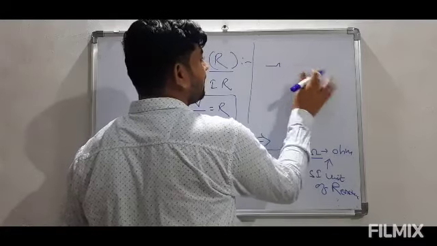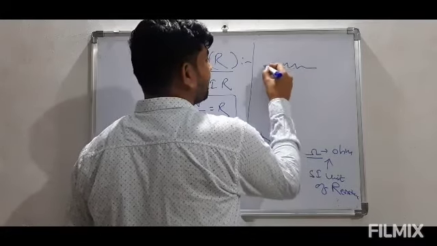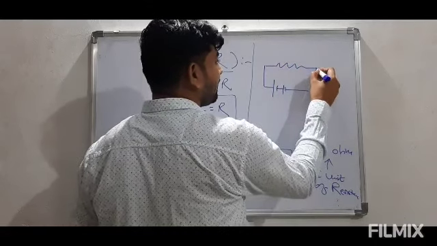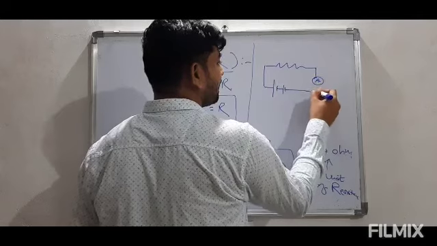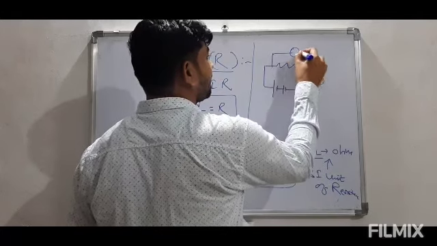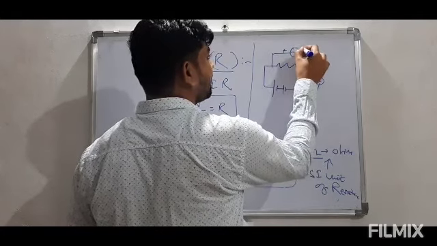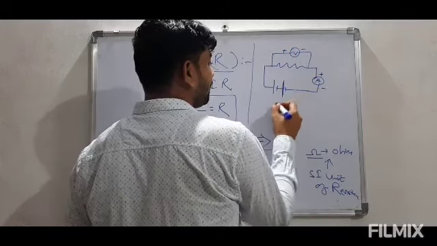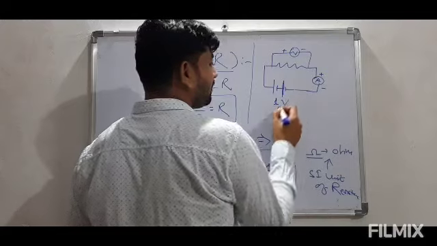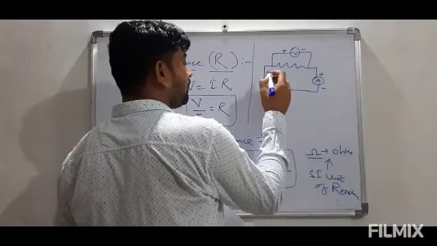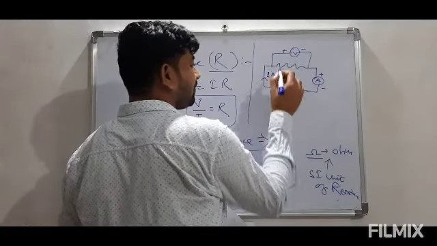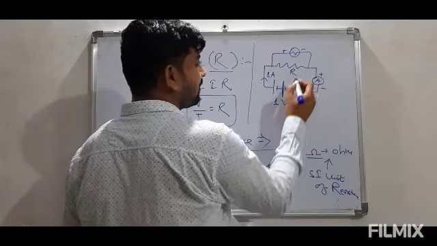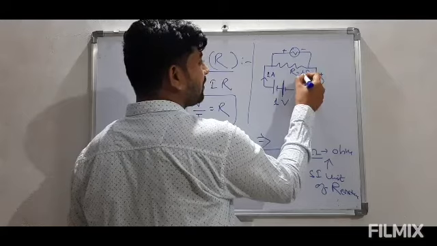There is a resistance. We have a battery, and this is how we connect an ammeter and a voltmeter. This is a battery in which the potential difference is 1 volt. If the current flowing is 1 ampere, then this resistance will be 1 ohm.